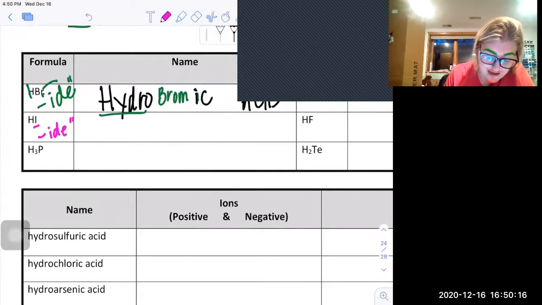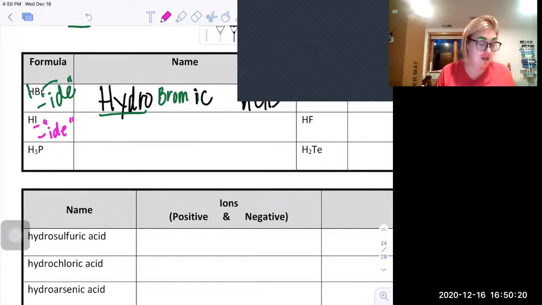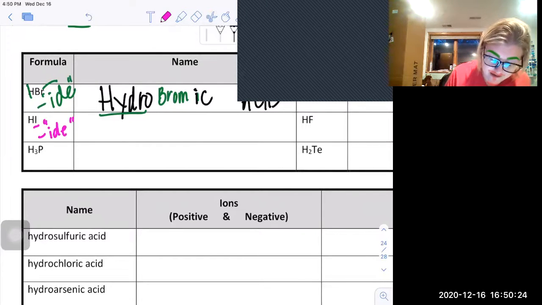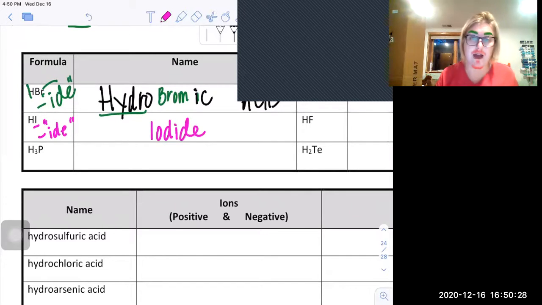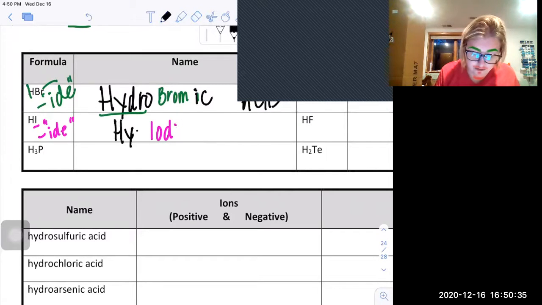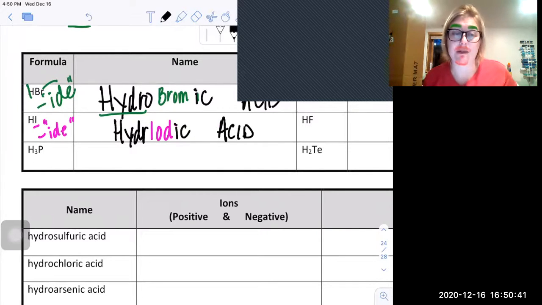So it's going to be IDE, and it's iodide. We cross off the IDE. That gets replaced with hydro, IC, and acid, because it was IDE.